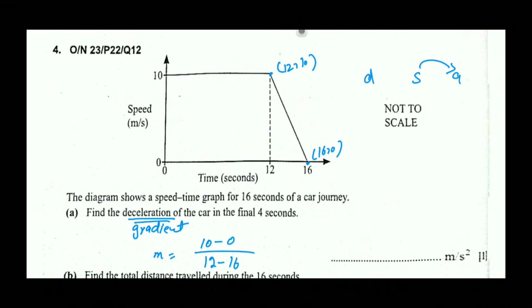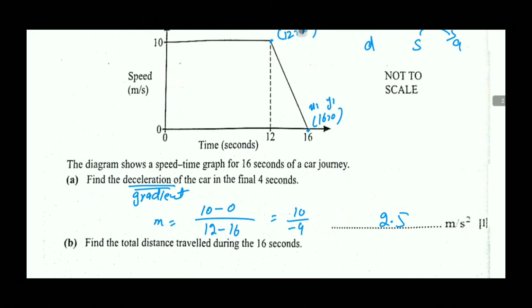You can give them names so that there is no confusion: x1 y1, x2 y2. So 0 minus 10 over 16 minus 12, which is negative 10 over 4, that is negative 2.5, but we will just write 2.5. As I told you, we will not put a negative sign with deceleration.